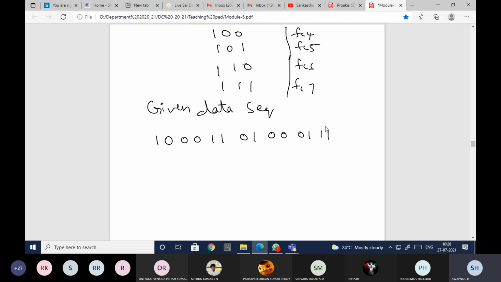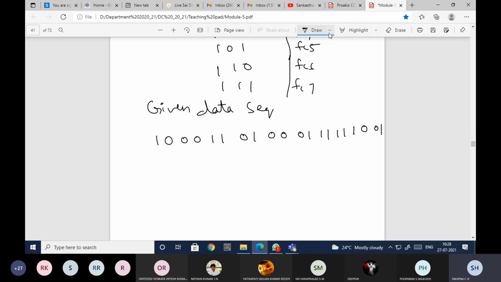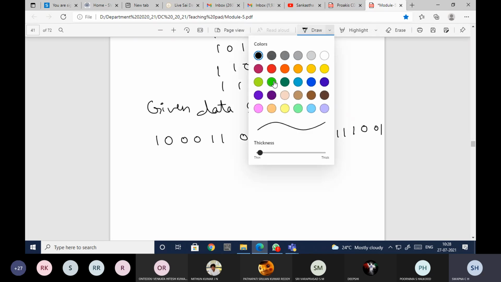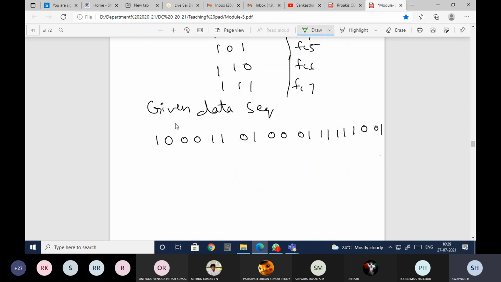That much only is given. Six ones, then 0 0 1. This is the given data. We need to divide it into two bits together, because each symbol consists of 2 bits. So this is the division here.